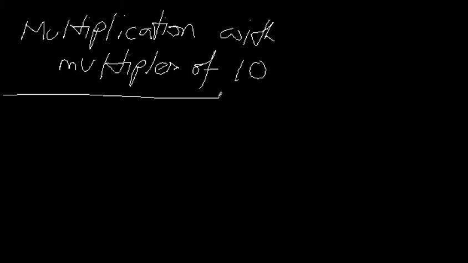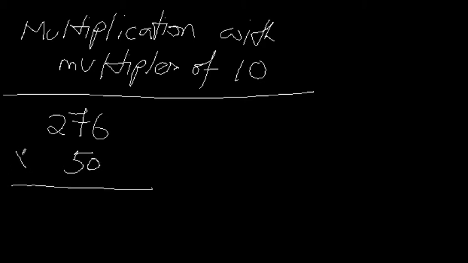What does this mean? Suppose I have a number 276 and let me take a multiple of 10, say 50. 50 is a multiple of 10 and I can multiply these two numbers.